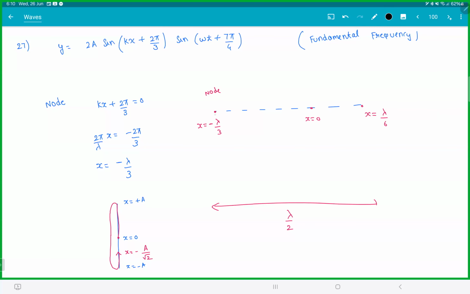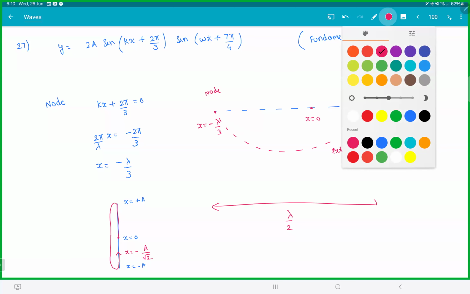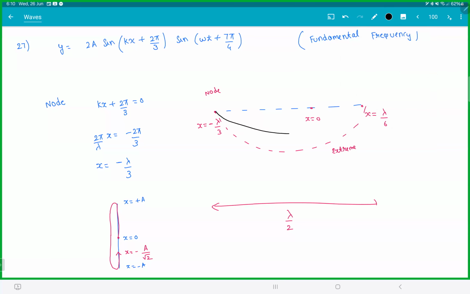That means the string would look like this. This would have been the extreme position, the red line. This would be the string and all these particles are going up. So this distance would be amplitude; my central maximum is 2A by root 2.